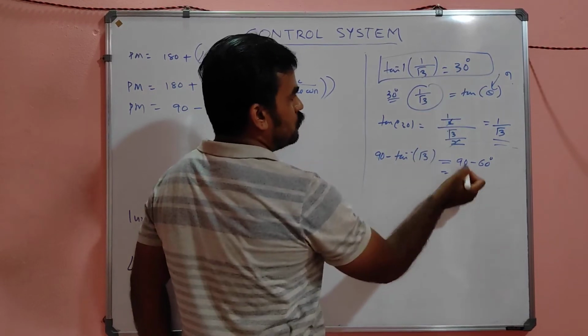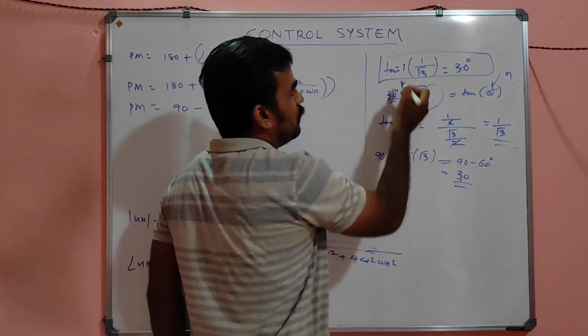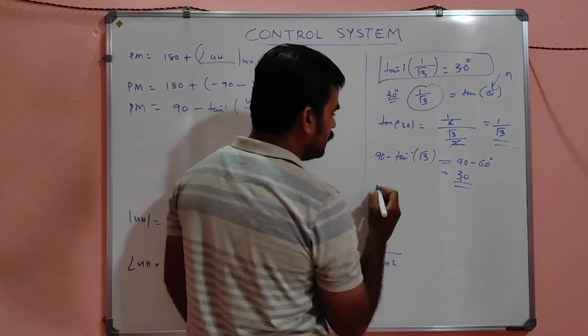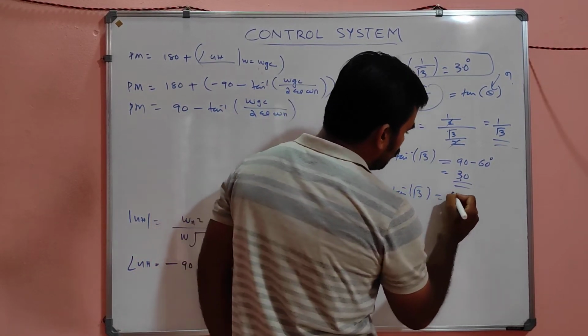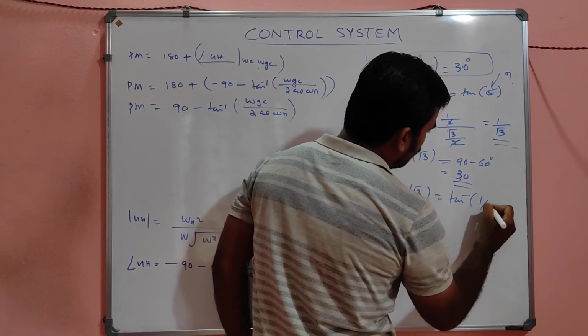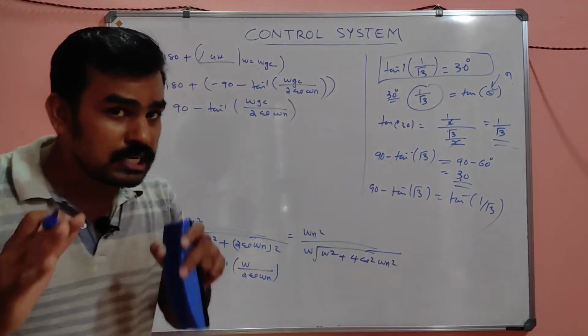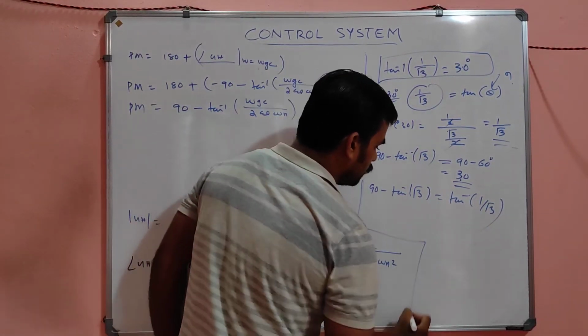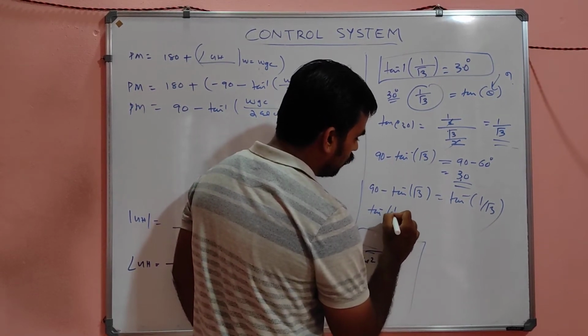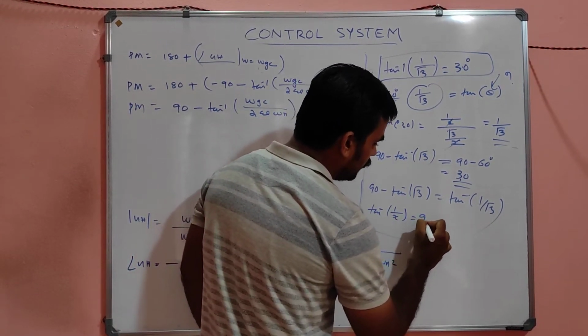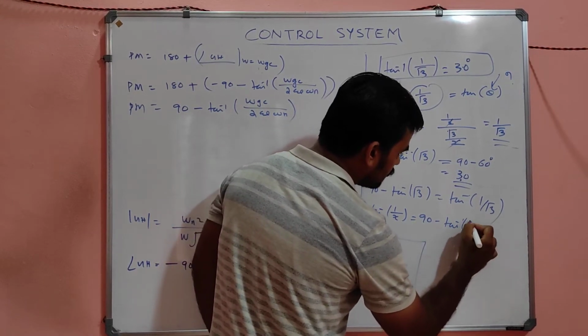See the right-hand side of these two. Both are the same, so the left-hand side will also be the same. Which means 90 minus tan inverse root 3 is equal to tan inverse 1 by root 3. Or in general, tan inverse 1 by x is equal to 90 minus tan inverse x.